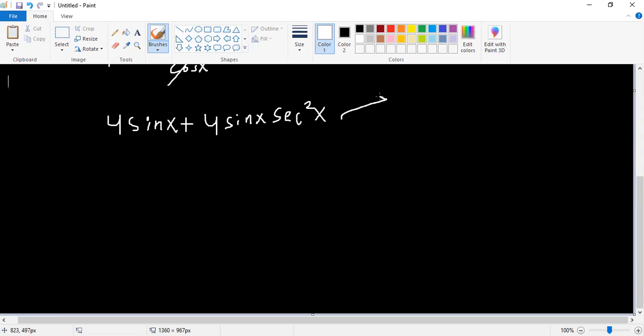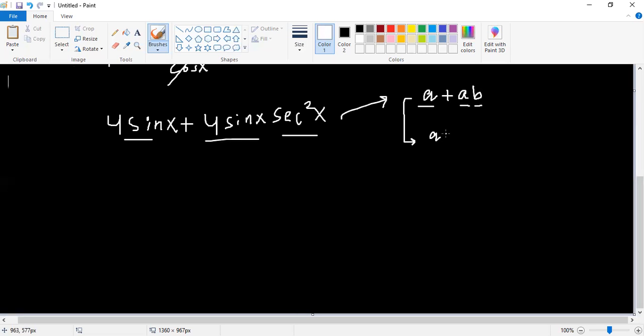And the idea here is if I were to draw a parallel, this would be in the form of a plus a times b, right? Because we have 4 sine of x here, and then 4 sine of x times secant squared of x, and we have a times b. So we have a plus a times b. And the idea here is to essentially factor out the a, because that's something we have in common.